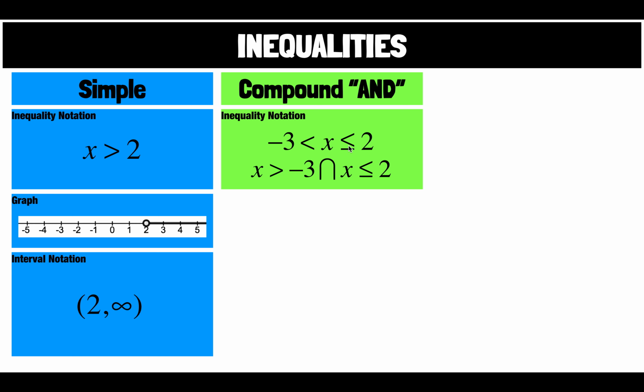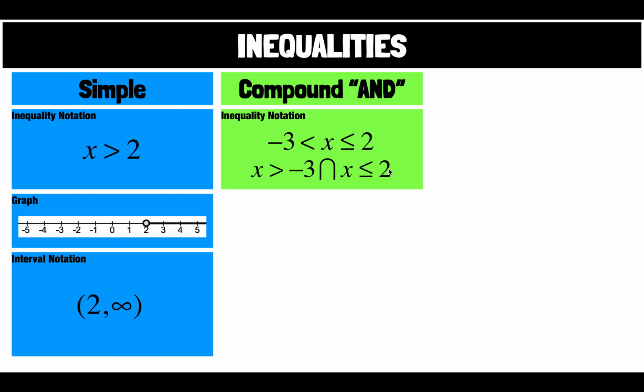And sometimes you might see an and inequality written like this here on the bottom, with this awkward giant capital but lowercase n in the middle. This is called an intersection symbol, intersection, and it implies and. Some kids actually say that it kind of looks like an A without the cross through the middle. But it means the exact same thing as the one above it. We're looking for a number that is greater than -3, and also that number has to be less than or equal to 2.